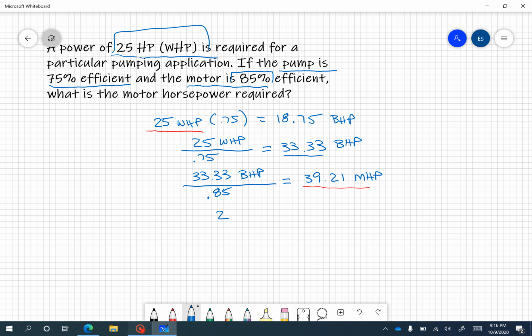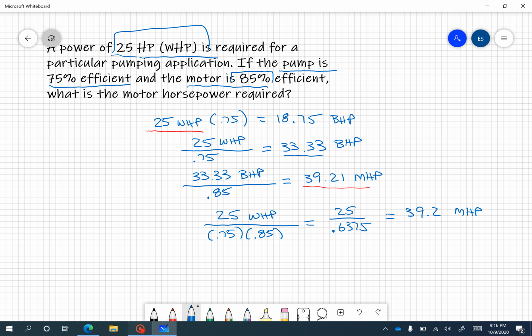And that would be setting it up like this: 25 water horsepower divided by the 75% efficient pump times an 85% efficient motor would be 25 divided by 0.6375, and that would come out to roughly 39.2 motor horsepower.